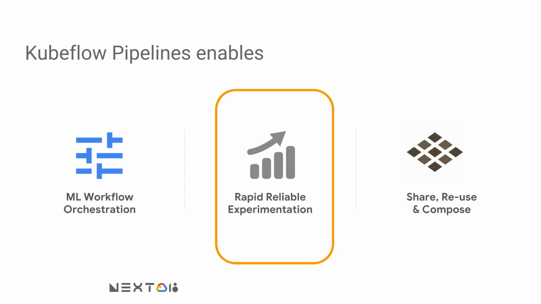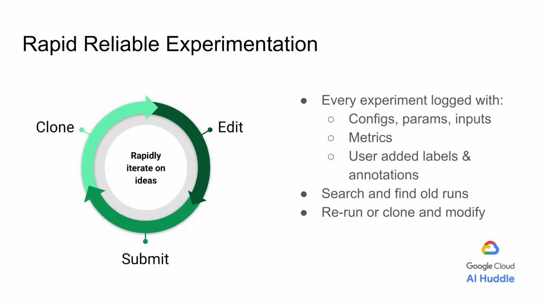Next is how you reliably experiment, and you can rapidly change and develop your model. So the cycle for experimentation is basically that you pick some hyperparameters that you want to try. Let's say I want to try 100 trees, 200 trees, and so on. And you submit a bunch of runs.